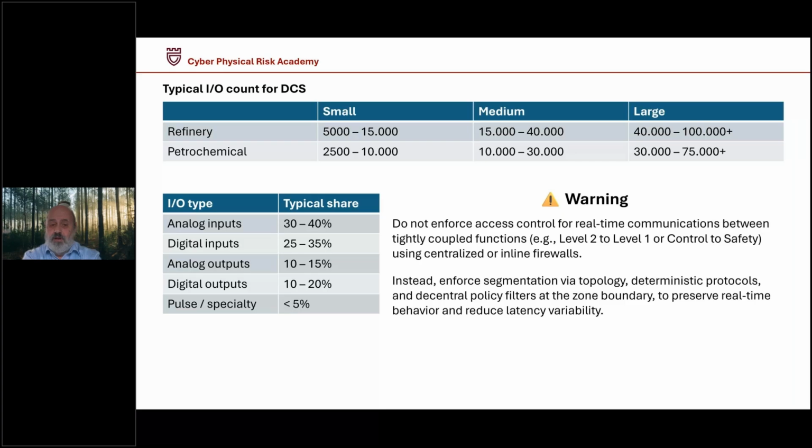If you see a large refinery, and specifically in the Middle East and some of the Asian countries, they like to buy, or how you said it, to build bigger and bigger refineries. Then you easily get over 100,000 I/O. And that's all still processed by that single DCS system. So you have to organize that properly.